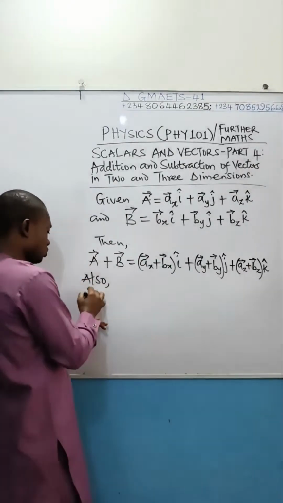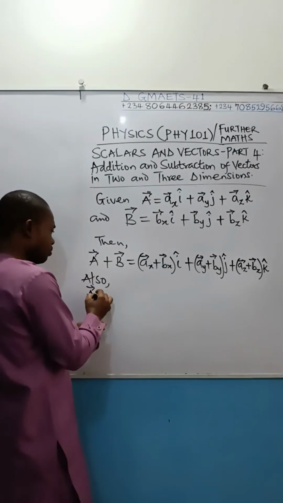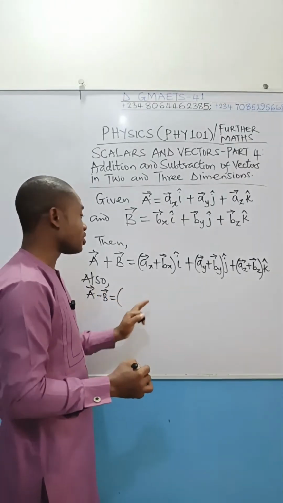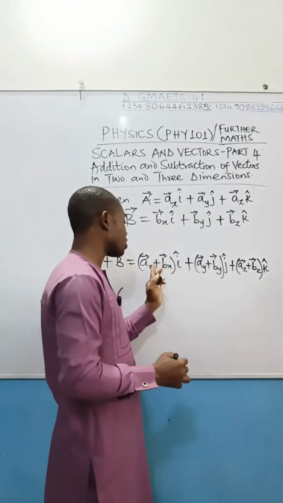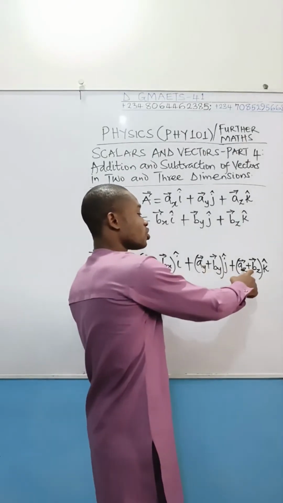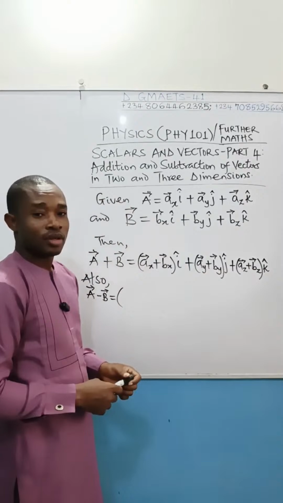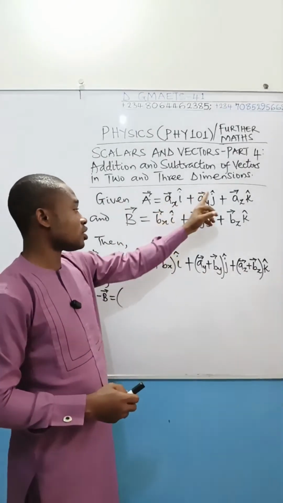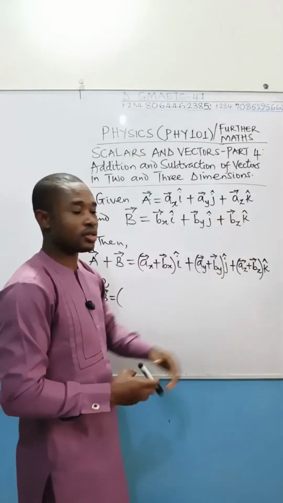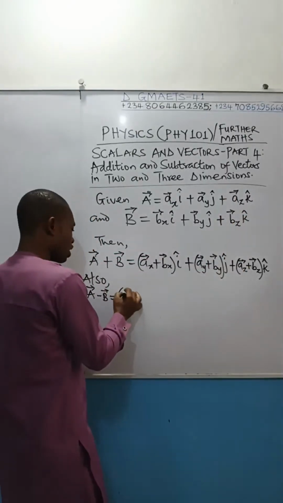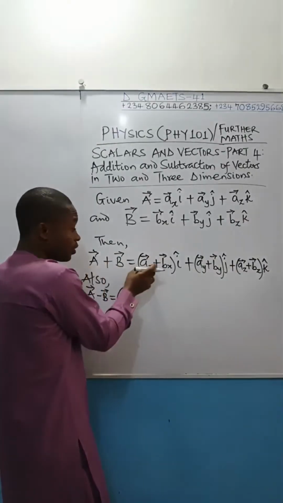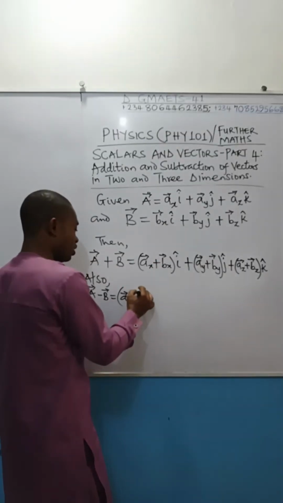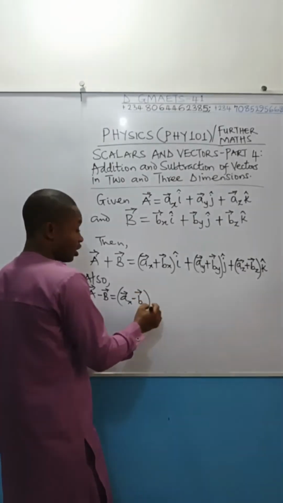Similarly, vector A minus vector B will be equal to, this time around, just rewrite this same thing, but you are now subtracting. The 2 vectors, you are subtracting them. You subtract and then you sum. This minus this, plus this minus this, plus this minus this. So we go vector A, component of vector A along the x direction minus that of B along the x-axis.